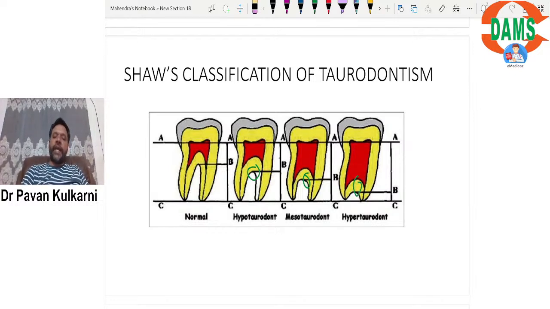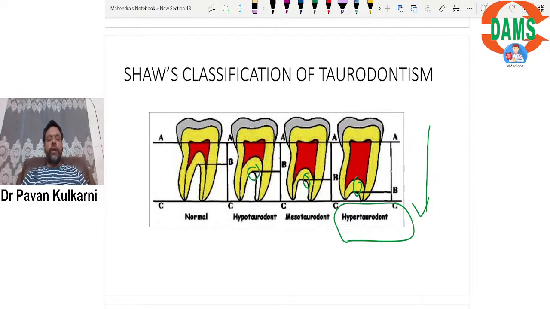If this furcation area is shifting downwards, that becomes hypertaurodont. If it is present more cervically, then it is hypotaurodont. So basically the difference between hypo, meso and hypertaurodontism is where your furcation area is. If the furcation area of the tooth is more apically shifted, that is called the most severe form of taurodontism, also known as hypertaurodont. Okay, this is your Shaw's classification.